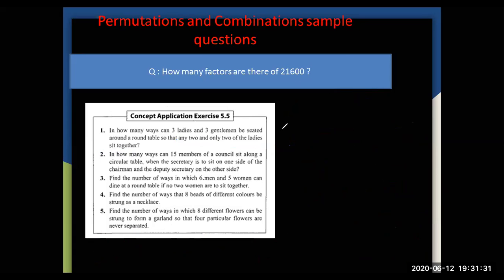Wait, where is it? Since the question says any two and the two ladies, I kind of grouped the two ladies into one. So I assume that there's 3 groups.